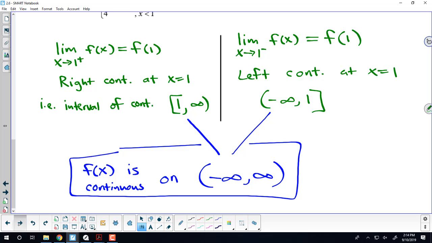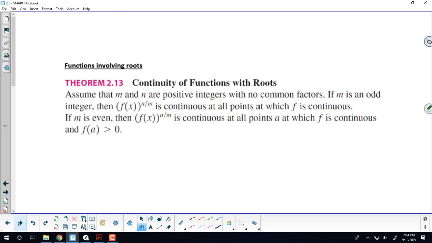All right. So the next theorem is going to tell us something about continuity for functions that involve roots, even and odd roots. So m and n are positive integers with no common factor, and m is an odd integer.